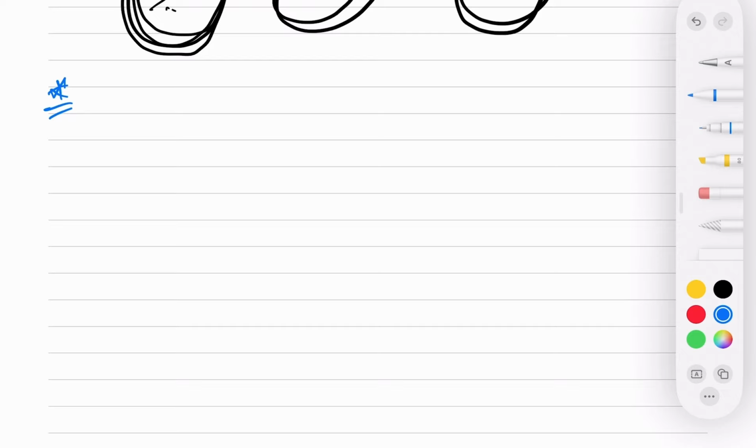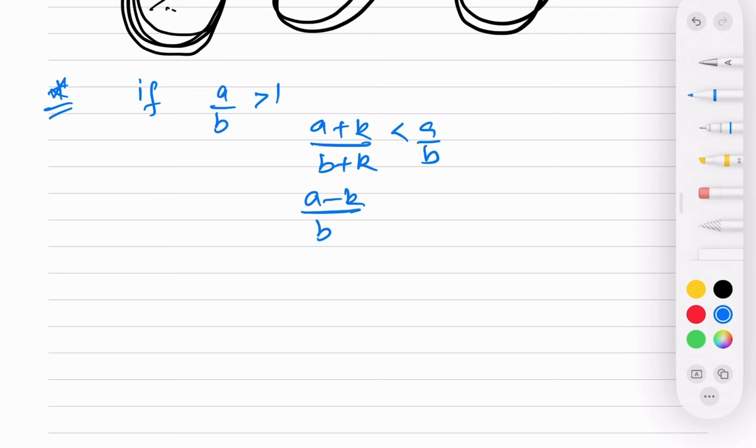Similarly, you have seen that if a/b is greater than 1, then (a+k)/(b+k) is less than a/b, and (a-k)/(b-k) becomes greater than a/b. What if a/b is less than 1?